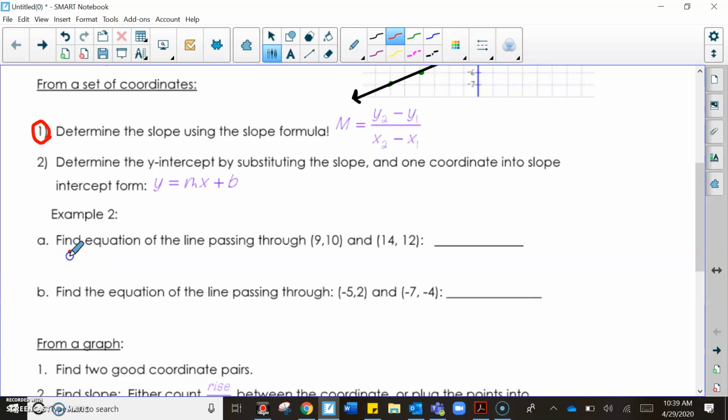So this is going to be 12 minus 14 all over, oh, I lied. It's going to be 12 minus 10 because it's the y values, right? So 12 minus 10 all over 14 minus 9.